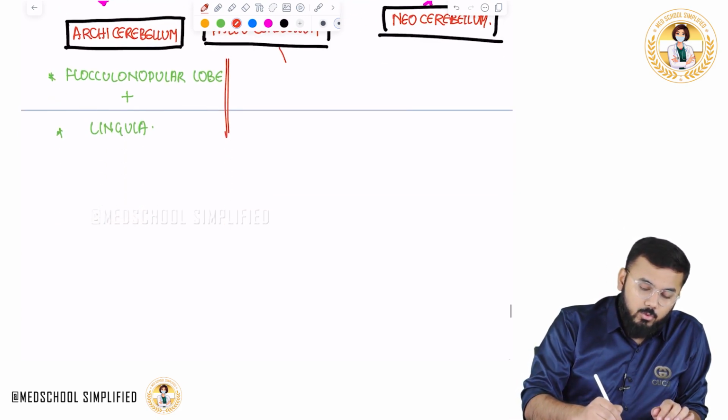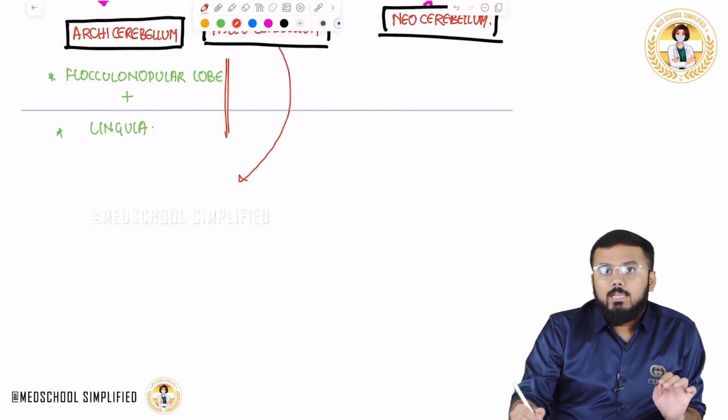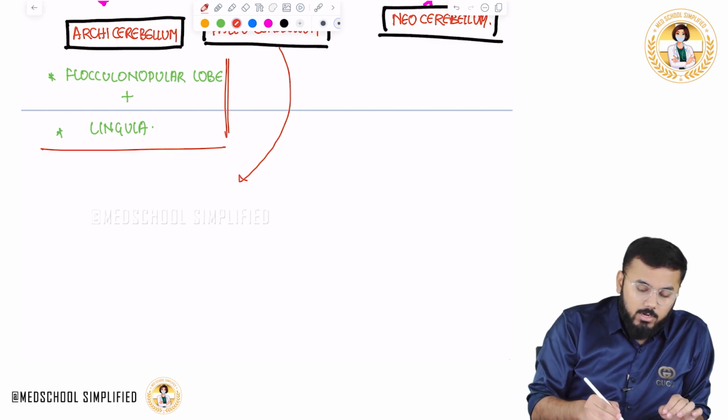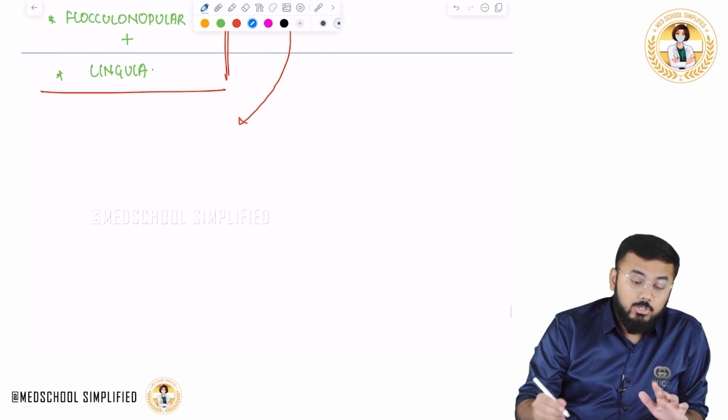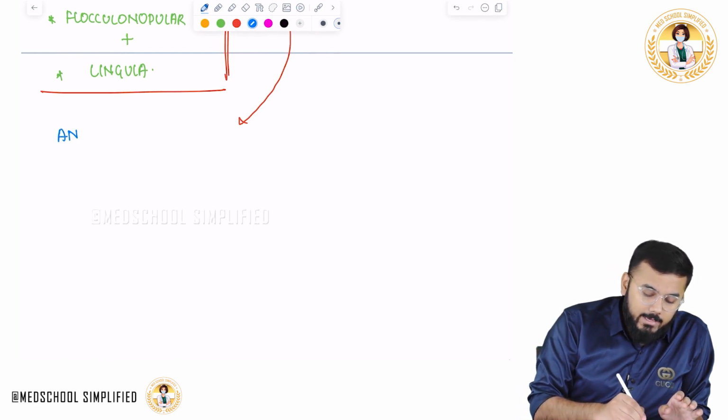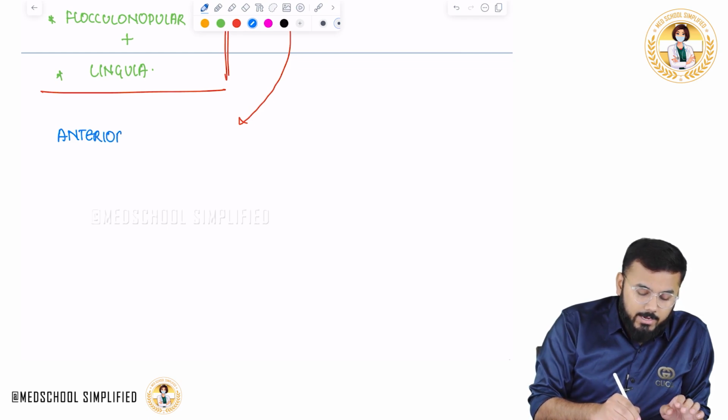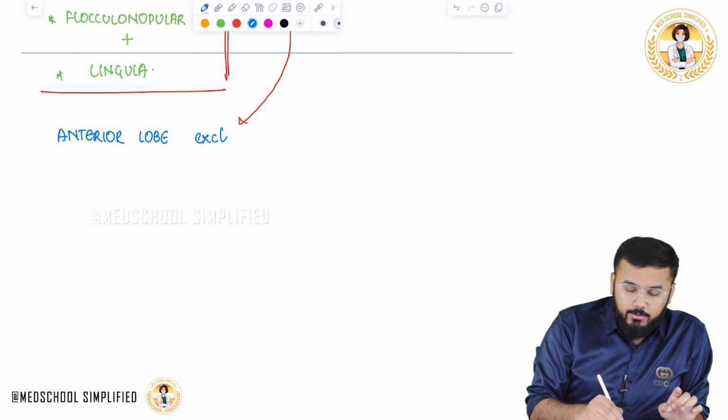Now, when it comes to paleocerebellum, what is paleocerebellum consisting of? What are the parts of this paleocerebellum? So, paleocerebellum is consisting of the entire anterior lobe. First of all, let me write it, then I will show you. It is consisting of the entire anterior lobe, excluding the first one.